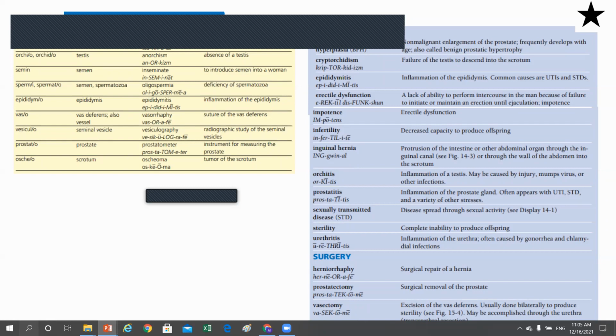If both mother and father decide not to have children, then in males we can cut the vas deferens, so sperms will not be there to fertilize the ovum. So this is the process of vasectomy.